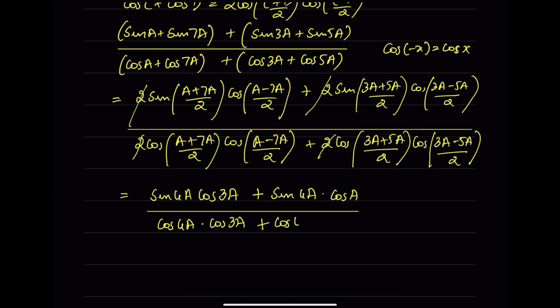This would be plus cos 4A times cos A. Now in the numerator we have sin 4A as common, and in the denominator we have cos 4A as common.